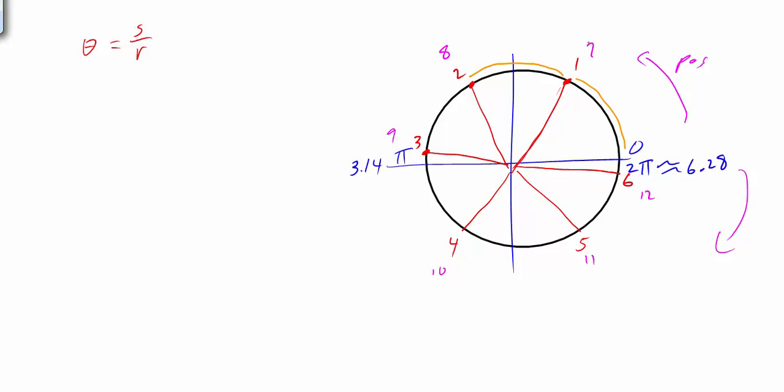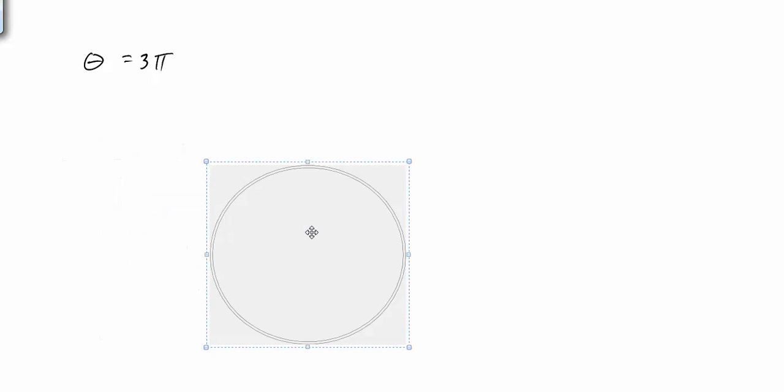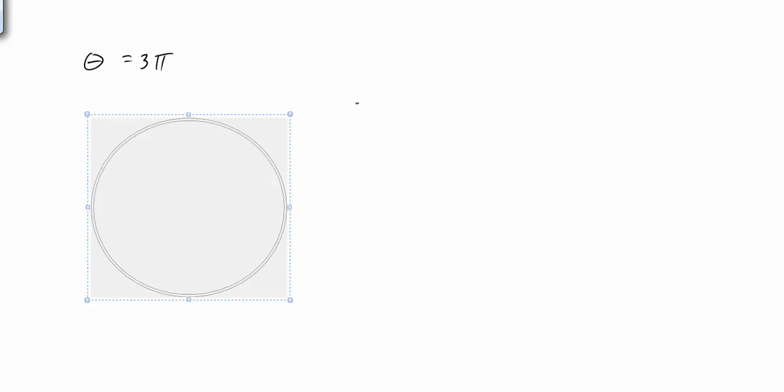So this is a circle you might want to be somewhat familiar with as far as remembering where 1 radian is, 2, 3, 4, 5, and 6, just as a reference for the location. All right, so let's look at some examples of how we can locate, if I said theta is equal to 3 pi, where is that located approximately on this circle?